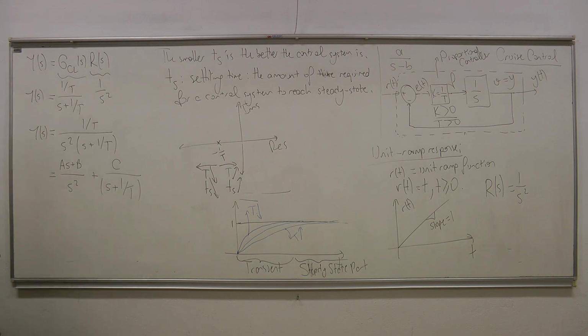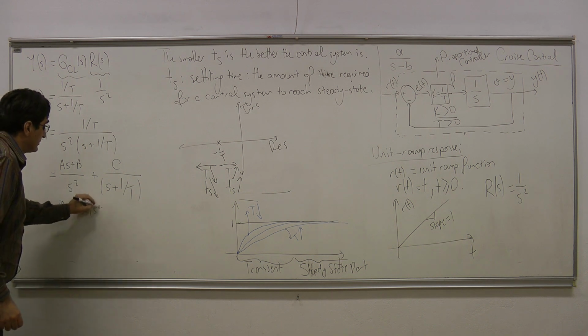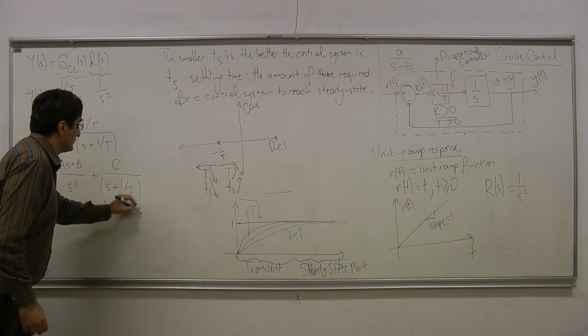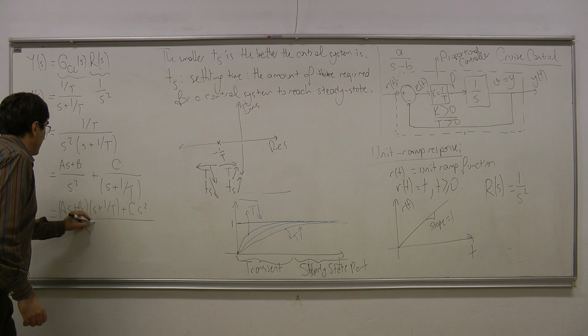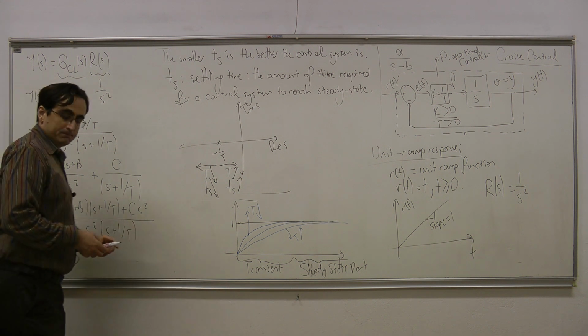All right? Now let us equate the denominators. So as plus b times s plus 1 over T, plus c s squared, divided by s squared s plus 1 over T.